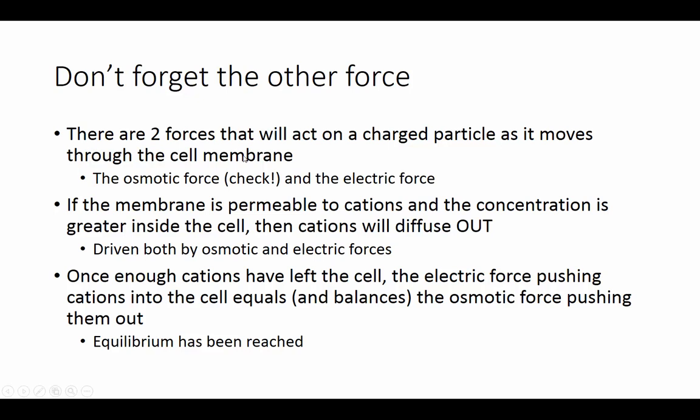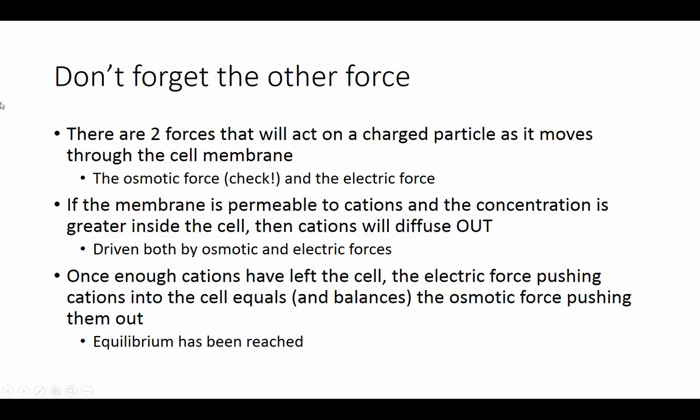Okay, so we've thought about two different forces here, but let's not forget about one over the other. There are two forces that will act on a charged particle as it moves through the cell membrane. We've talked about the osmotic force, but there's also the electric force. And we talked briefly about the electric potential.